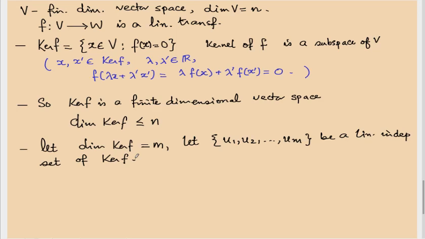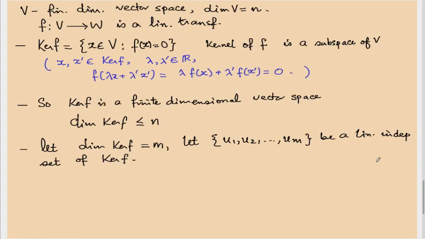Okay? And furthermore, these vectors generate all of kernel of F. That means every member of kernel of F is a linear combination of these M vectors.